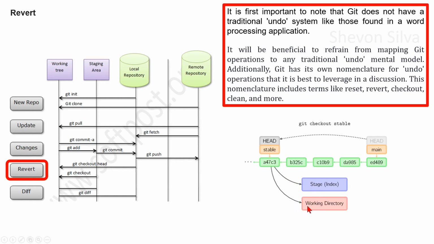Any files that exist in the new commit, here A47C3, are copied. Any file that exists in the old commit ed489 but not in the new one is deleted. Any file that exists in neither is ignored.